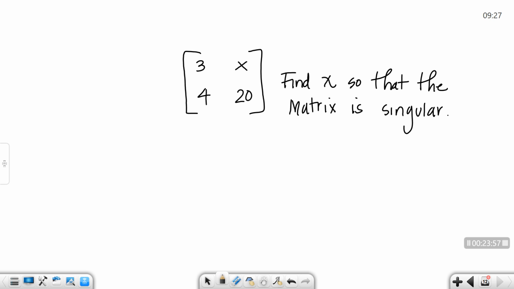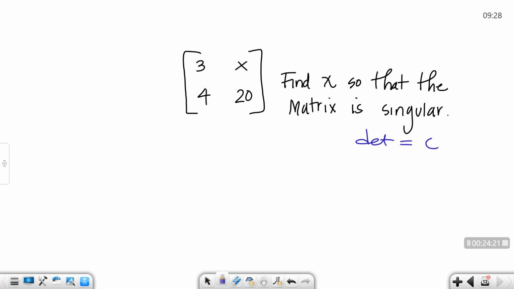Okay, I try not to make it too tricky on you, but I have been known to ask this 2 different ways. I have asked before, find X so that the matrix is singular, and then I've also asked people to find X so that the matrix is not singular. So make sure you pay attention to the directions. Anytime I'm talking about singular, I'm going to be referring to the determinant.